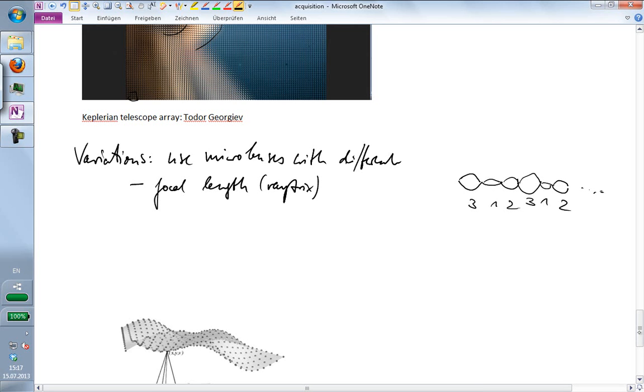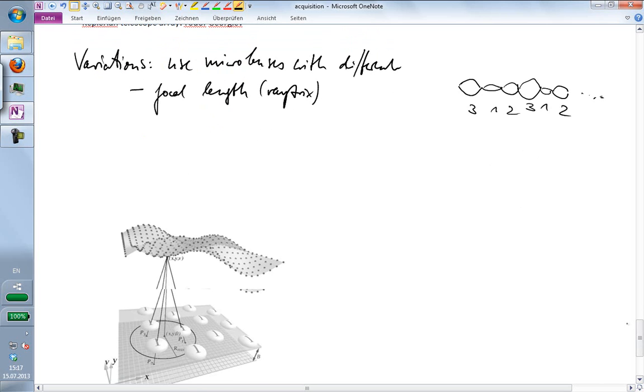So this is like combining several cameras with different focal length. Or we could change the absorption of these different micro lenses. So looking from the top, assuming that they are arranged in a square grid, which need not be, they could also be on a hexagonal grid, I could make some of these micro lenses very dark, and I could make some of them bright.